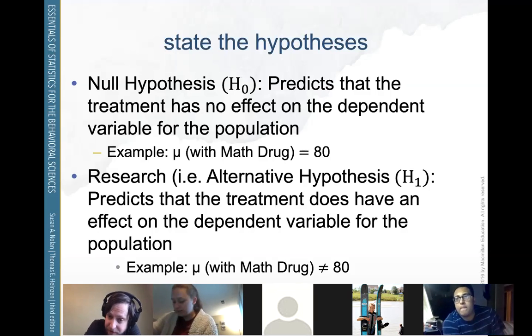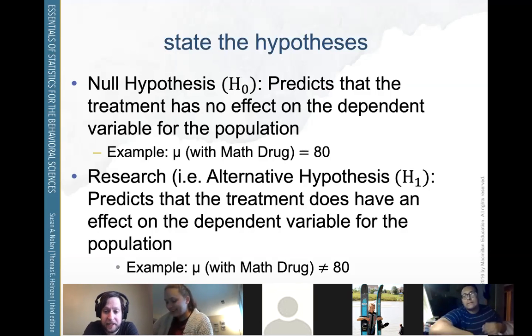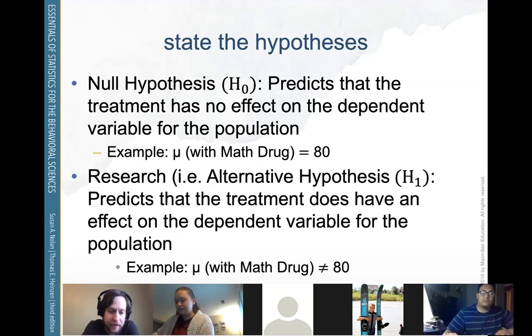If we give people math drug and it causes their performance to be significantly greater than 80, then that supports our research or alternative hypothesis. If we give people math drug and it significantly reduces their scores and makes them less than 80, then that would also support our alternative hypothesis. So with two-tailed tests, there are two different things that can happen that will make us reject the null hypothesis and accept the alternative hypothesis.